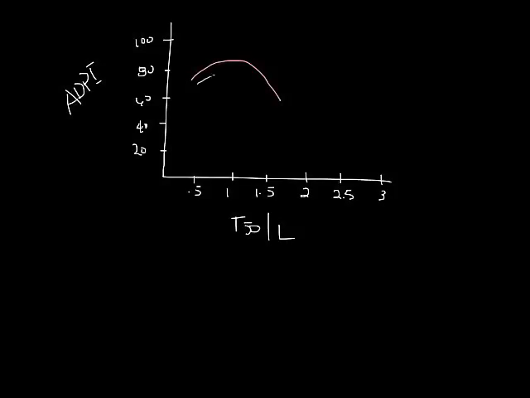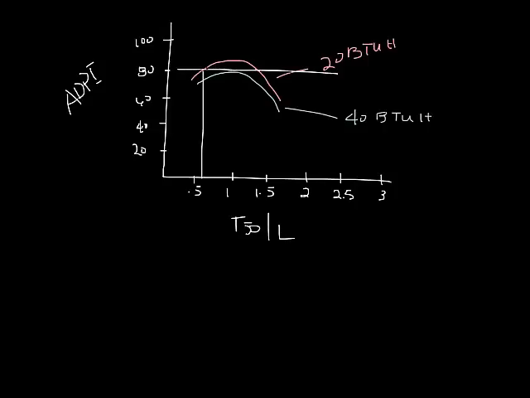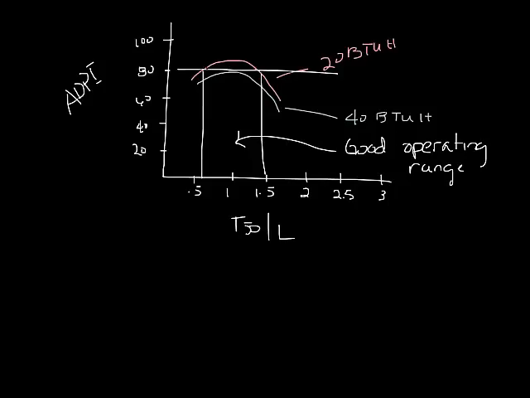It's actually two curves, one for 20 BTU and one for 40. So let's draw a line across at ADPI. Anything over 80 is considered acceptable. And now if you draw this down, you can see that somewhere around 0.6 to about 1.5 would be the operating range of this diffuser where you kept your ADPI over 80. The actual chart they created has different types of diffusers and grills on it, but this gives you an idea.